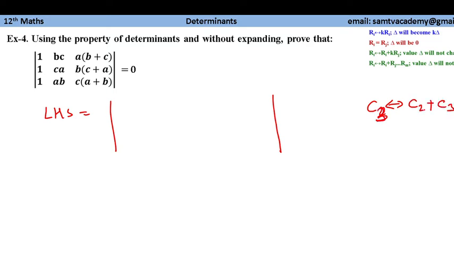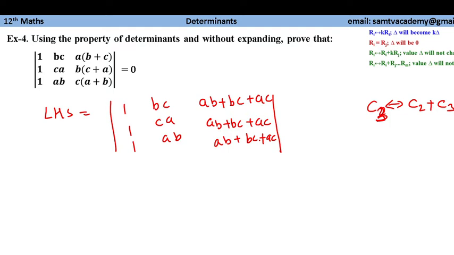So the first column will be written as it is, the second column will be written as it is, and the third column, what will it be? AB plus BC plus AC. Second column, AB plus BC plus AC. Third column, AB plus BC plus AC.